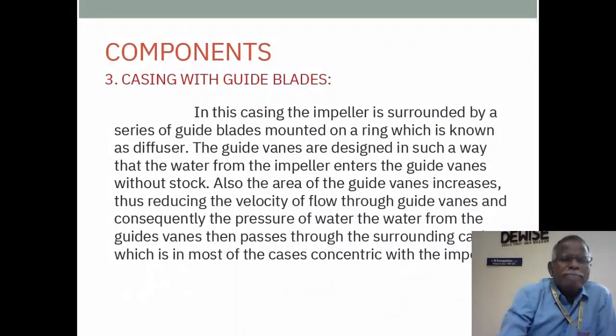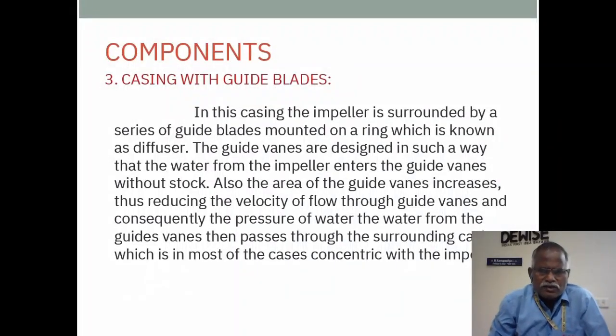Next one is the casing with guide blades. The impeller is surrounded by a series of guide blades mounted on a ring, which is known as a diffuser. The guide vanes are designed in such a way that the water from the impeller enters the guide vanes without shock.